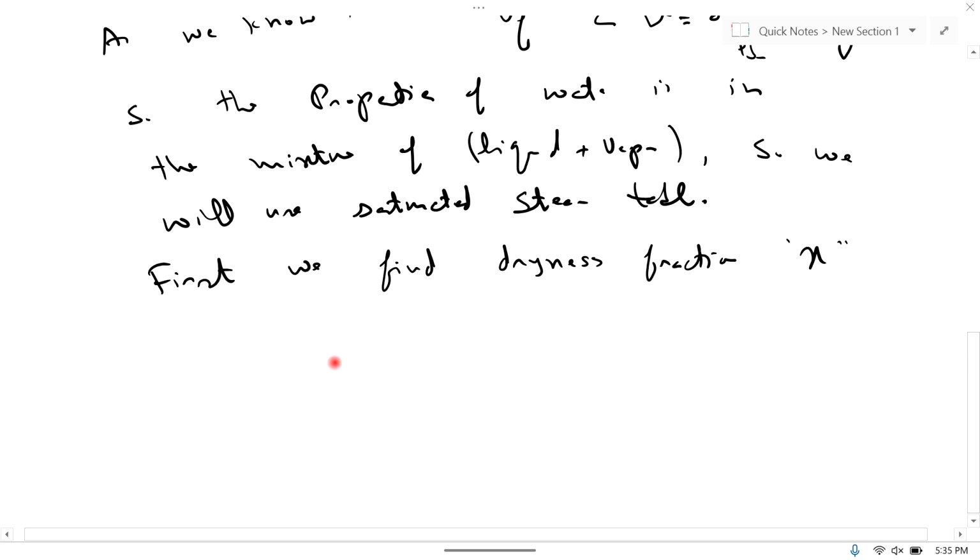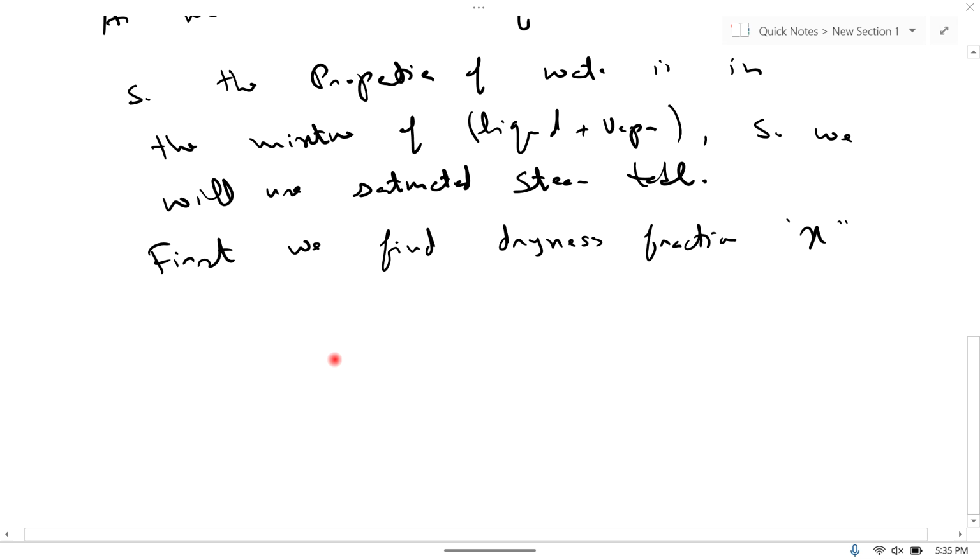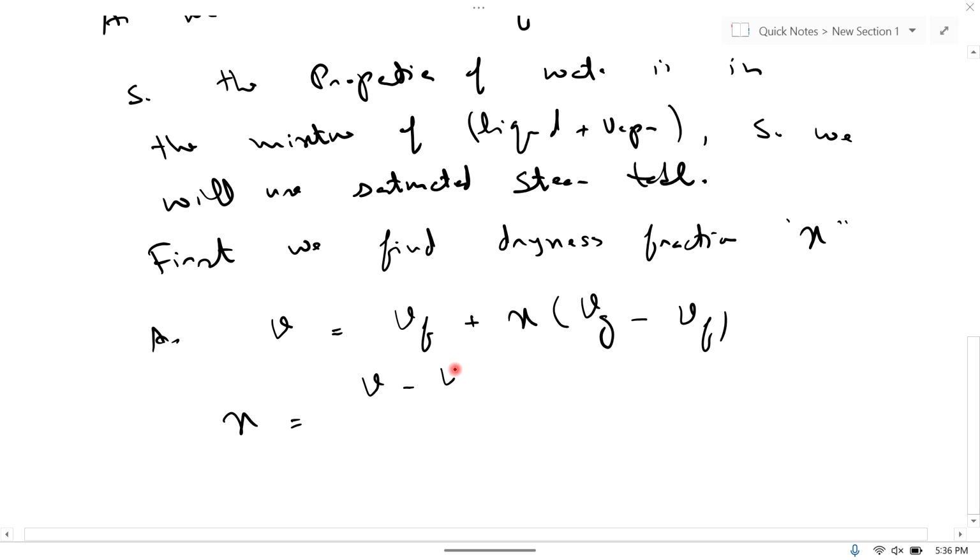For that we use the formula of specific volume: v is equal to Vf, volume of liquid, plus x, dryness fraction, times Vg, volume of dry saturated vapor, minus Vf. Rearranging, x is equal to v minus Vf divided by Vg minus Vf.